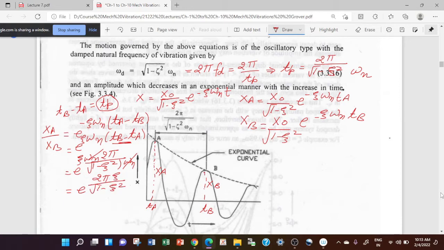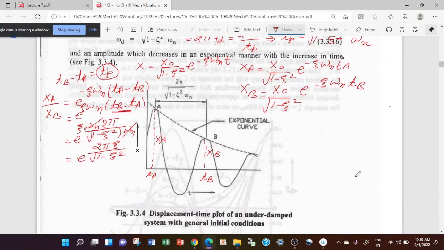If you take the natural log of both sides, you get log of xa upon xb equal to 2 pi zeta upon square root of 1 minus zeta square.